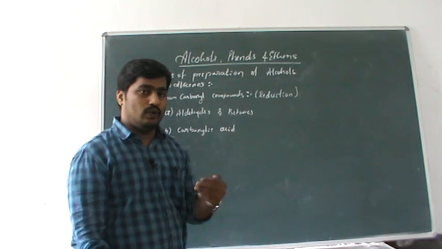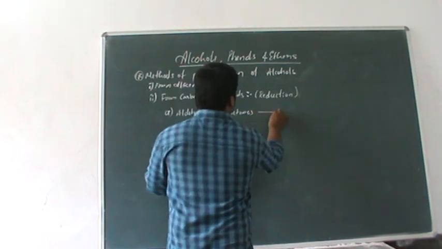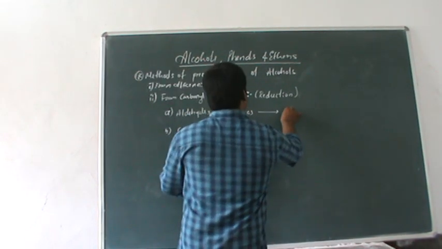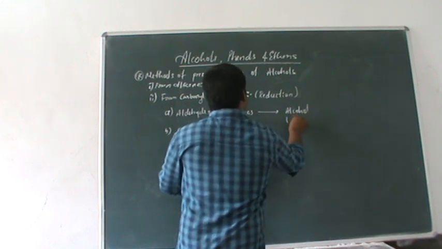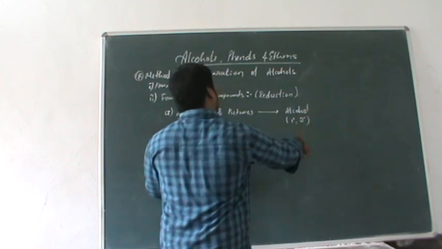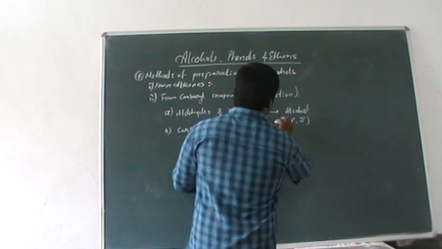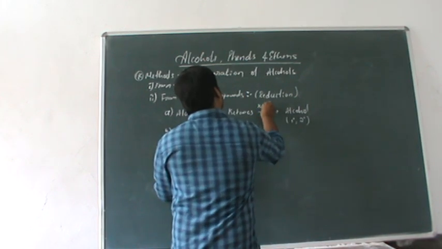Please remember, very important: aldehydes and ketones produce primary and secondary alcohols with the help of a mild reducing agent.